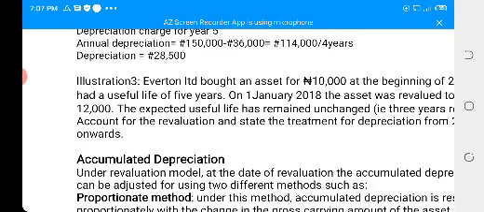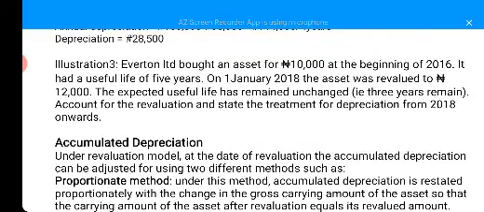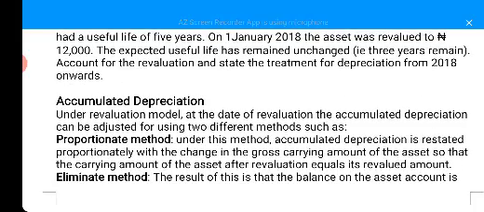You can do illustration 3 everything as an assignment, and I will look at it. I will drop the solution to us via WhatsApp. Now let's look at accumulated depreciation.